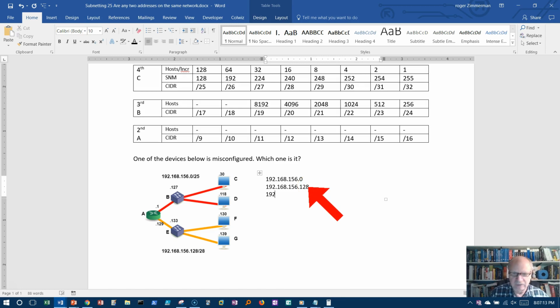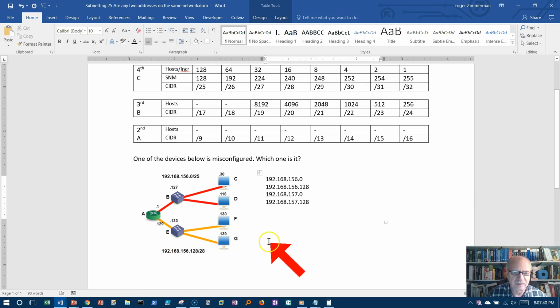Well, if we add another 128, we get to 256, so that we can't have a 256. We're going to have to roll this one up. 157.0 and then 192.168.157.128. Okay, that should be enough to get us going on that one.